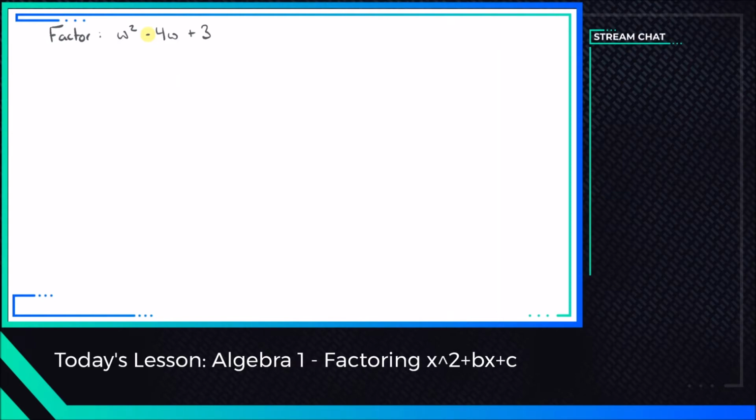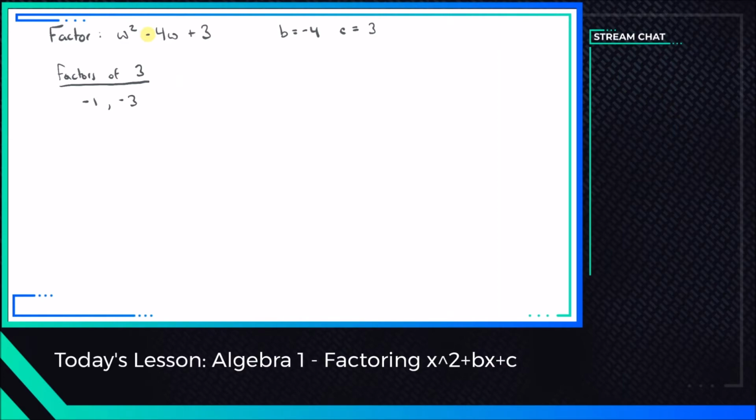So our b is equal to negative 4, and our c is equal to positive 3. So we're going to list factors of positive 3, but since we're working with this negative, we want to list the negative factors. And so that's going to be negative 1 and negative 3.